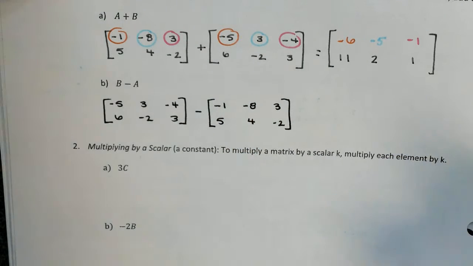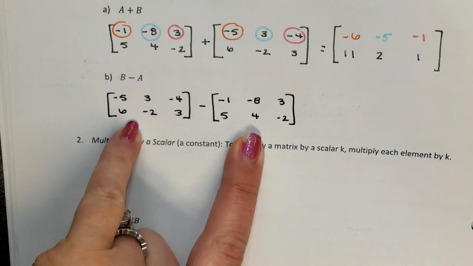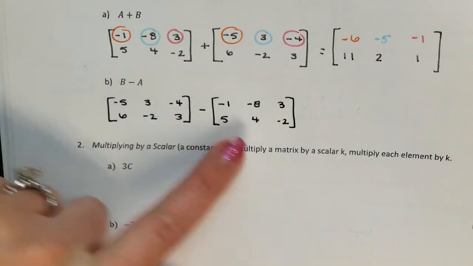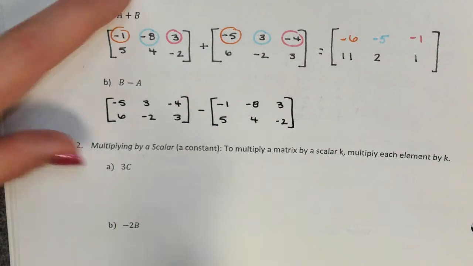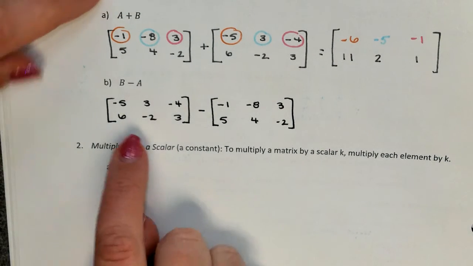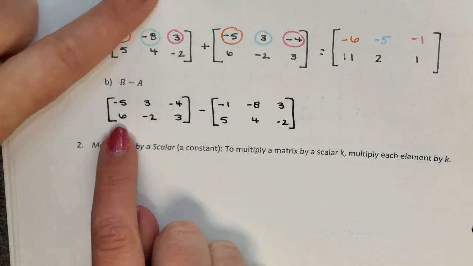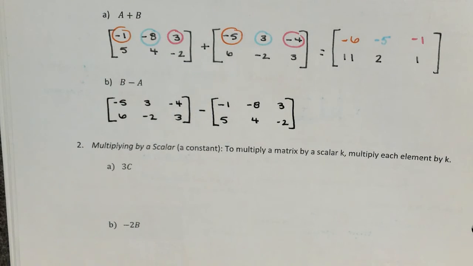I will tell you the most common errors I see during this section and the next section is people record these wrong. Okay, when you're copying them down, double check that you copied it accurately because you want to make sure you're doing the correct problem. Okay, B was copied down correctly, so we're good to go.